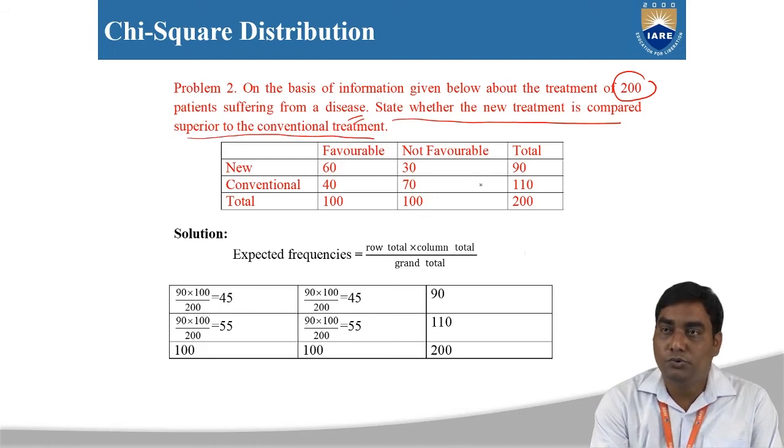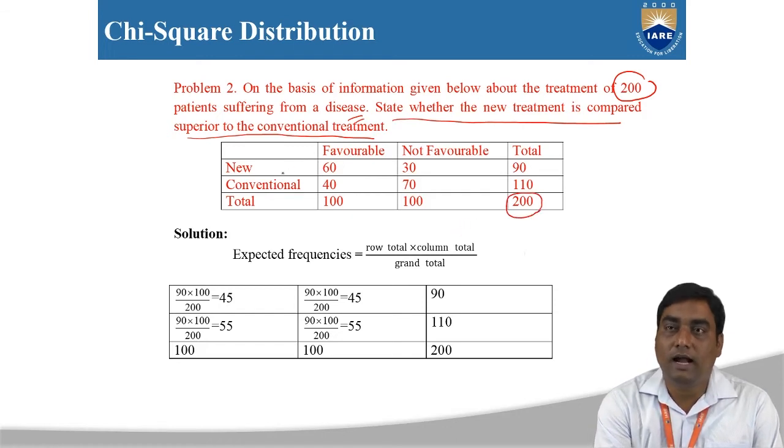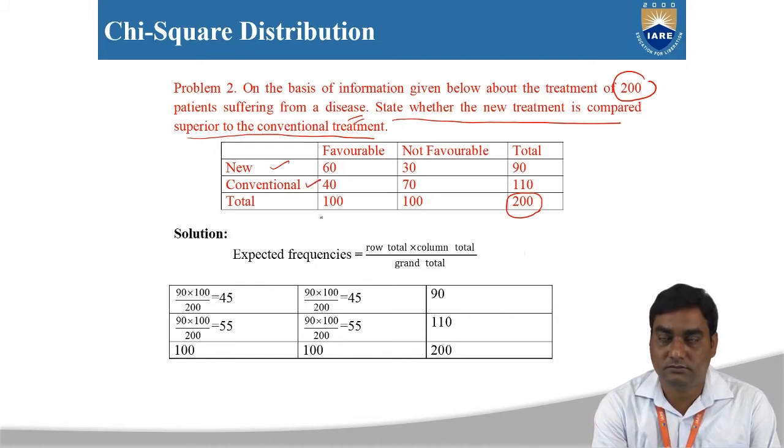Out of 200, the total number of patients are suffering with the disease. And these are two different types of treatments: new treatment and routine conventional treatment.